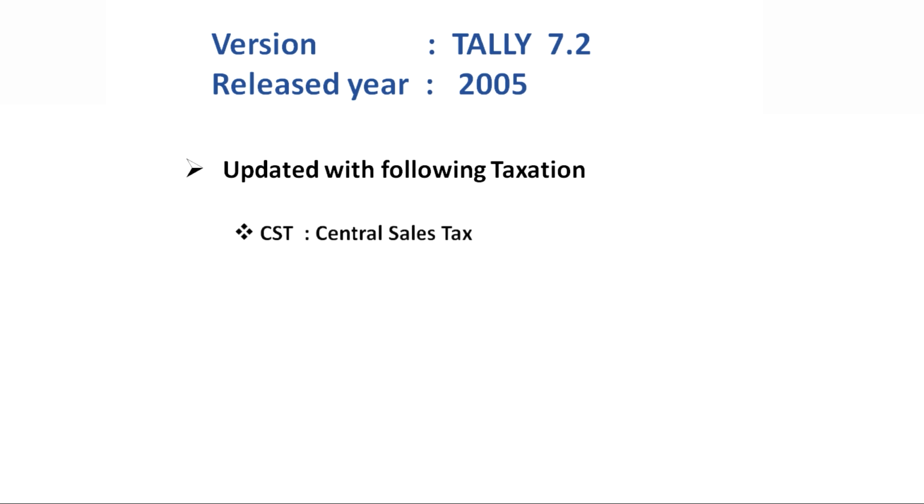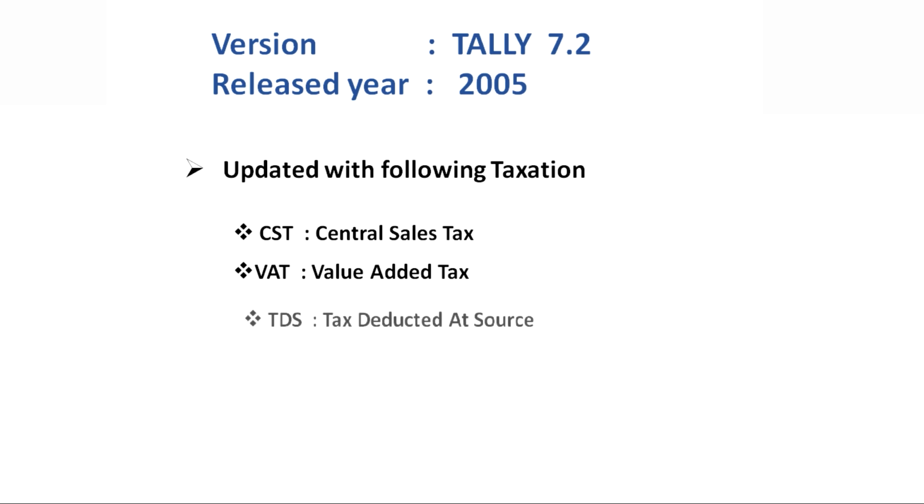Next we come to Tally 7.2, which was released in 2005. In this version, we got the taxation part like CST, also called Central Sales Tax, VAT, Value Added Tax, TDS, Tax Deducted at Source, and ST, Service Tax.